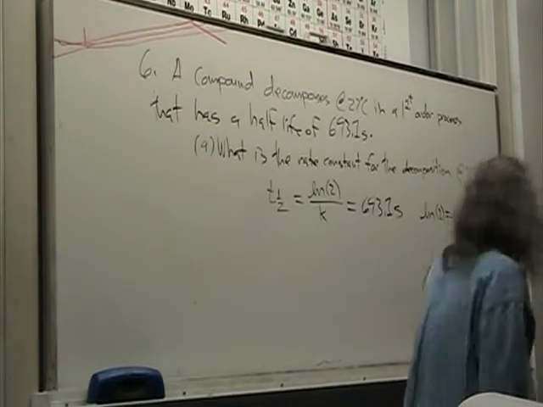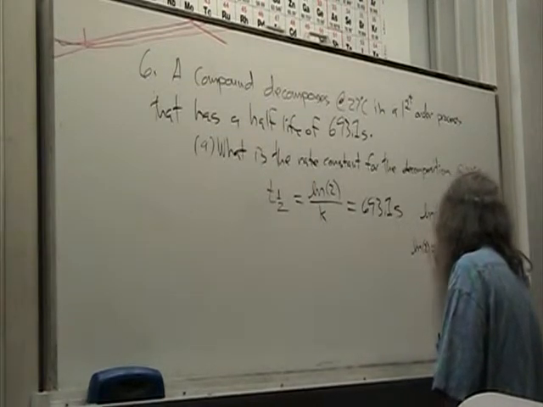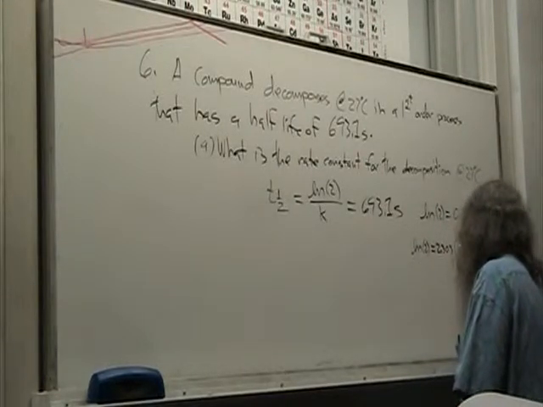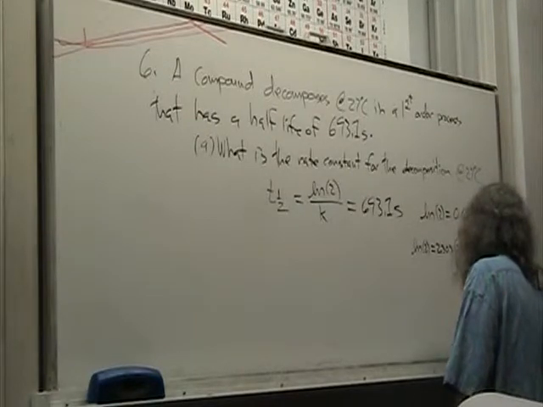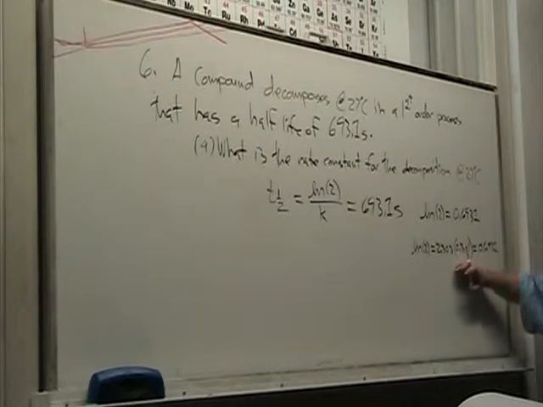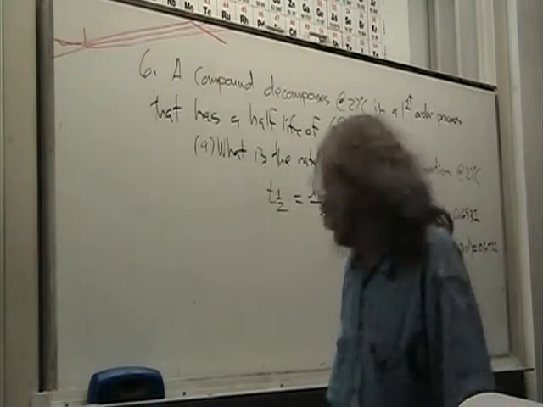I can memorize that fact, or I could just take that the natural log of 2 is equal to 2.303 times the log of 2, which is 0.301, which equals 0.6931. So in case you forget what the natural log of 2 is, you already know the log of 2. Just multiply it times 2.303, and that gives you the natural log of 2. Okay? So that part's the easy part.